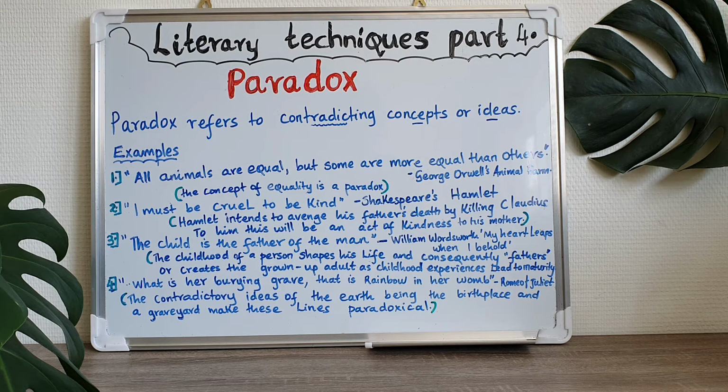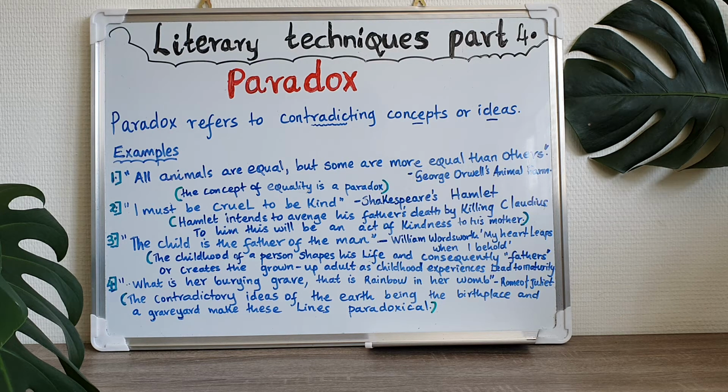Because as we know it, equality means that everybody is the same. No one has more rights than the other person. All of us are the same. That is how we understand equality.